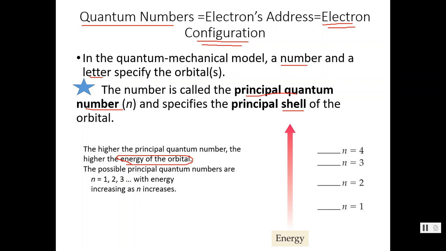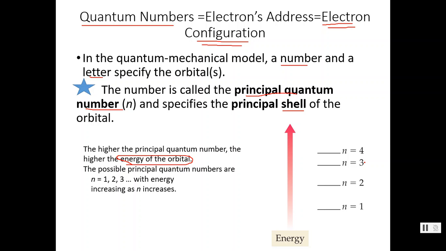And so similarly to orbits in the Bohr model, with the principal quantum number, we use these numbers starting from 1 and increasing. And as your N level increases, the higher amount of energy that is present in that orbital. So for example, an orbital that has a principal quantum number of 3 is going to have more energy than an orbital that has a principal quantum number of 2, and so on and so forth.